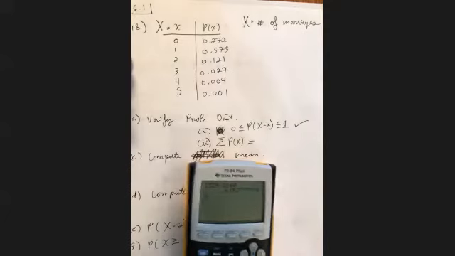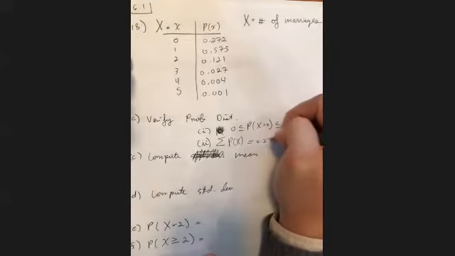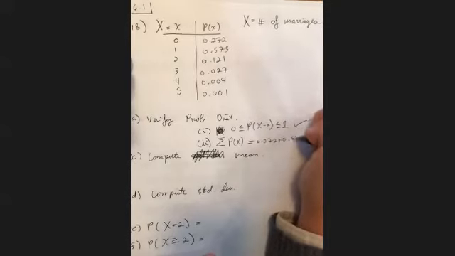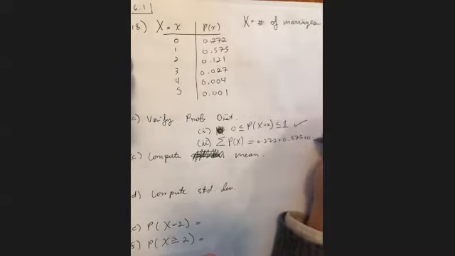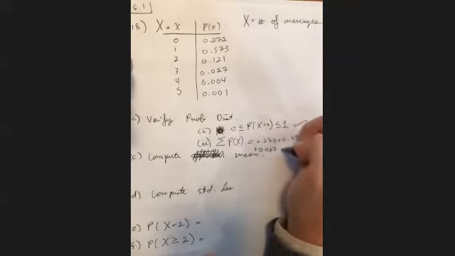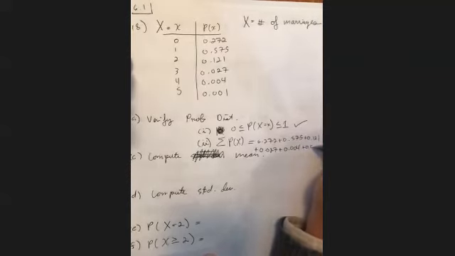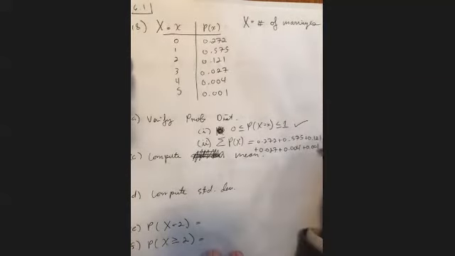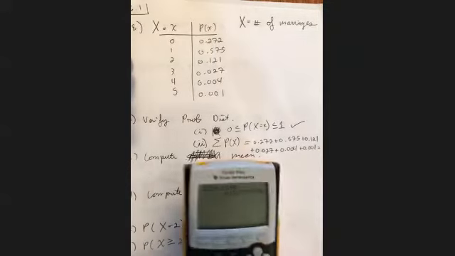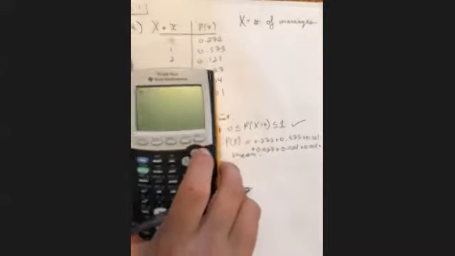Here, if you were doing this on a test, you would write it out explicitly: 0.272 plus 0.575 plus 0.121 plus 0.027 plus 0.004 plus 0.001. What does that equal? You can't just do it in your calculator and say, there, I did it. Didn't you see me do it?